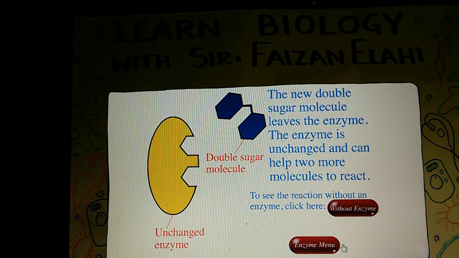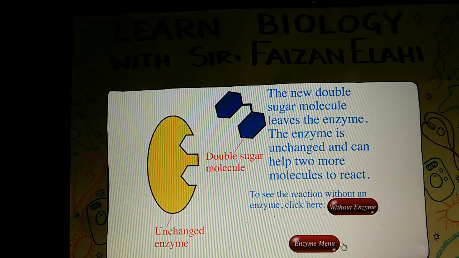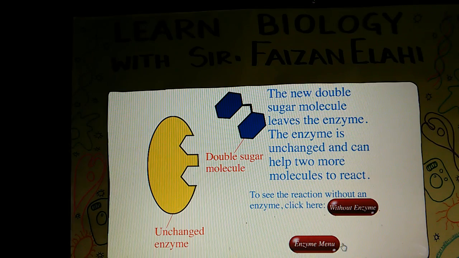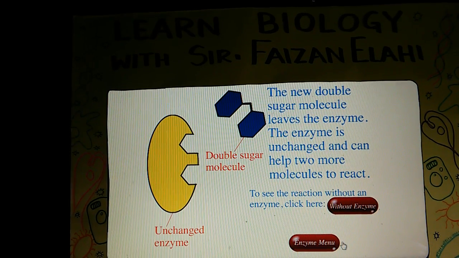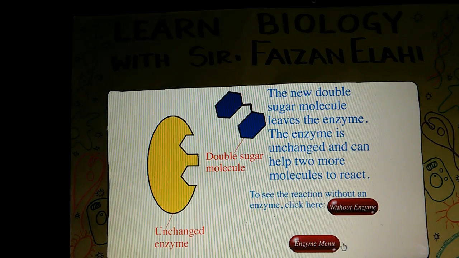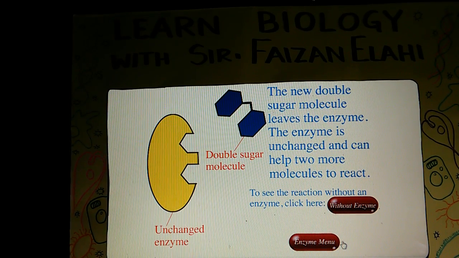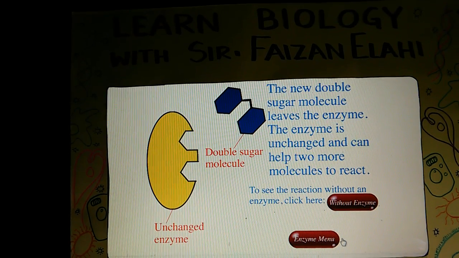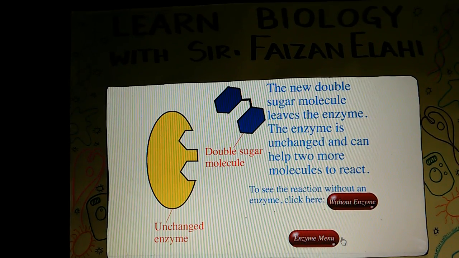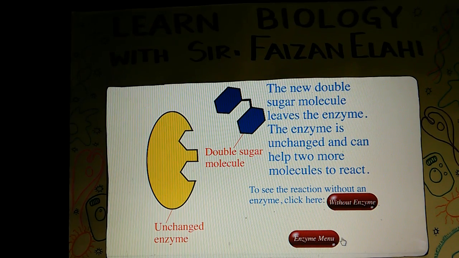So in this animation, you understand that the molecules which are going to make a bond require some proper orientation. And gaining this orientation requires time. Enzymes actually minimize the time by giving the correct orientation to the molecules. In this way, the enzyme is speeding up the reaction.